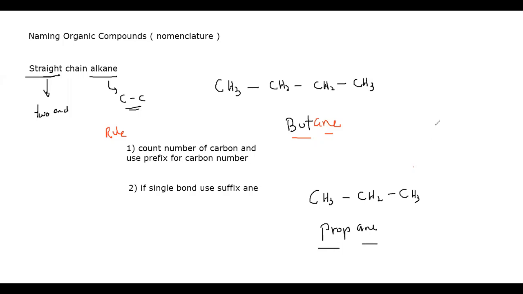Is it clear to everyone? Any doubt in this? Instead of mentioning straight chain propane, you can simply say propane. You don't have to specify the chain. You just mention propane.